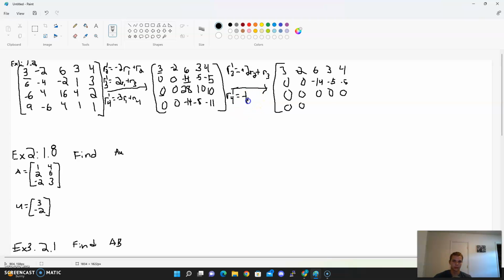So negative 1 R2 plus R4, that'll give us 0 right here. Minus 5 times negative 1 is positive 5, plus minus 8 is negative 3, and then minus 5 times minus 1 is 5 again, and 5 plus minus 11 is minus 6.